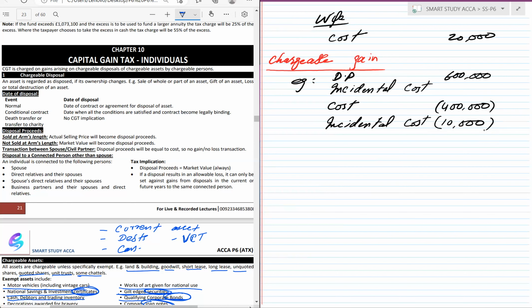Any extra cost incurred at the time of sale or purchase is allowable, and both costs can be deducted from the selling price. Suppose incidental cost at the time of sale is £30,000. So £160,000 is basically the capital gain.